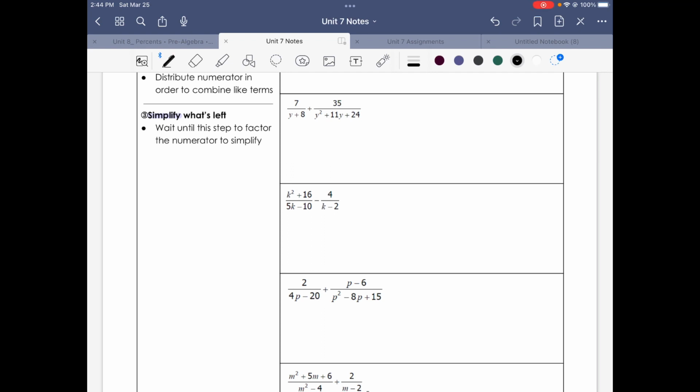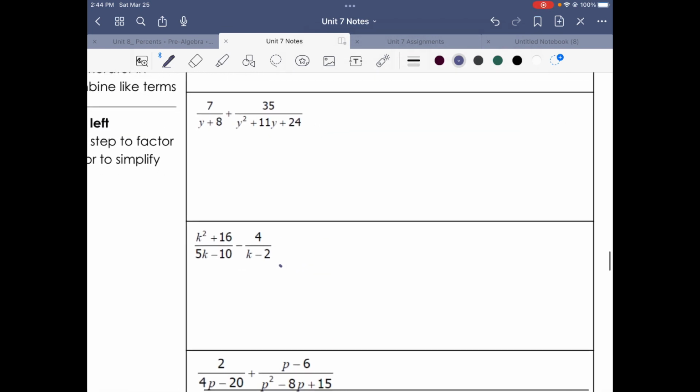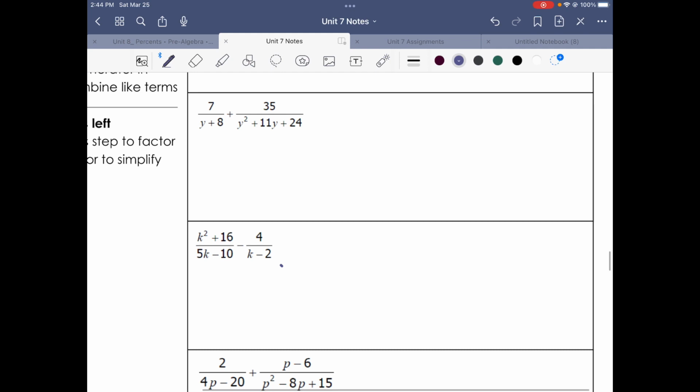The first thing I'm going to do is look at the denominators and make sure that I find a common denominator first. Before I can do that, I need to make sure that they are both factored. y plus 8 cannot be factored, but for the other one, the two numbers that multiply to 24 and add to 11 in the middle are 3 and 8. So we're going to rewrite this denominator as y plus 3 times y plus 8.